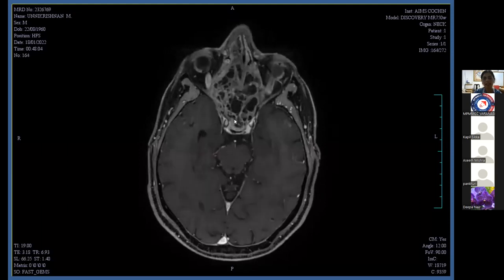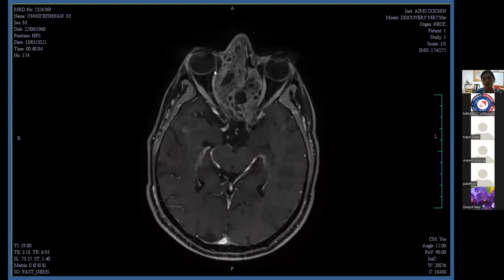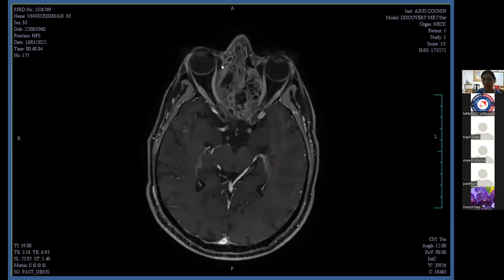Can you comment on the medial rectus muscle? Yes, sir. So it is abutting the lamina and the muscles. There is contour bulging. Can you see the lamina here? Sir, this is MRI, so I can't appreciate much, but it is causing the contour bulging of the medial rectus on either side. So I can say there is abutment of the lamina on either side.